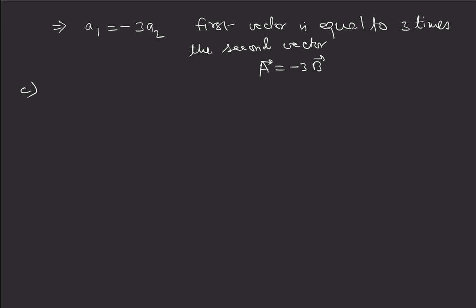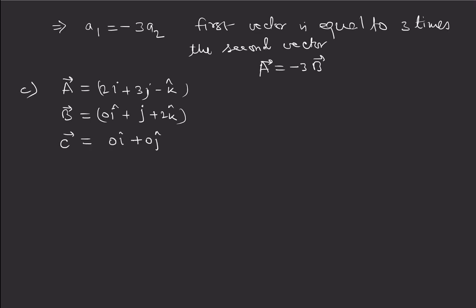Now, the third part. Vector A is given as 2i plus 3j minus k, and B is equal to 0i plus j plus 2k, and C is equal to 0i plus 0j minus 5k.